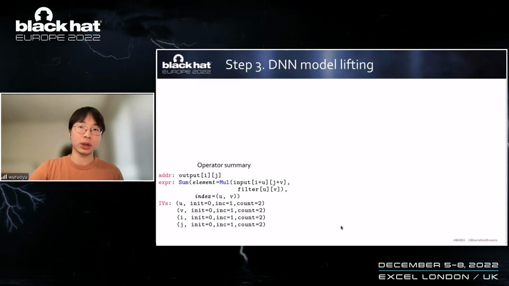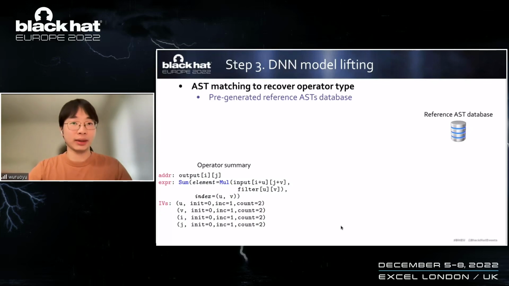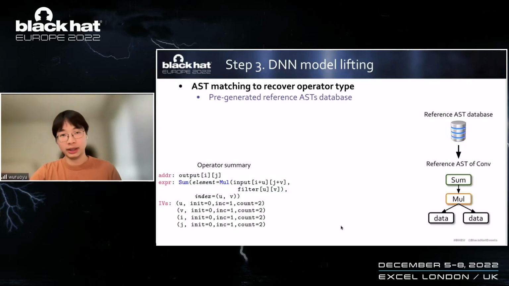After operator summary generation, we finally recover the high-level DNN semantics. We first recover the operator type of each operator function with AST matching. Specifically, at the very beginning, we generate a reference AST database in advance, which maps each DNN operator type to its corresponding AST. For example, here we show a reference AST of a convolution operator.